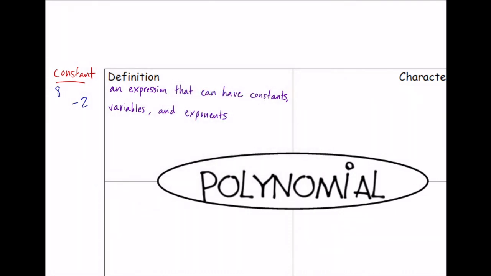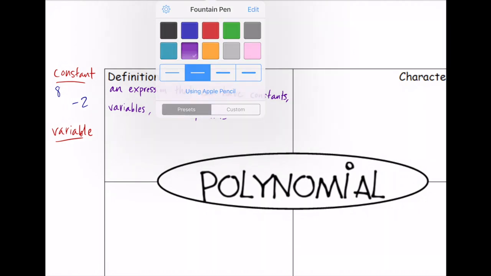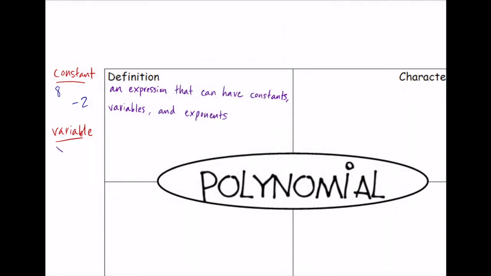All right, a variable. What are some examples of variables? We could have x or y. Those are the two common ones that we see. And lastly, we have our exponents. So that's when our variable is raised to a certain power. So like x to the 4th power or y squared. It's when our variables are raised to an exponent.